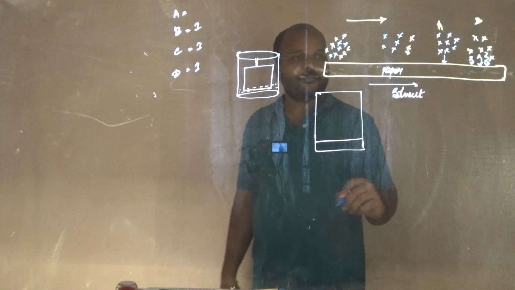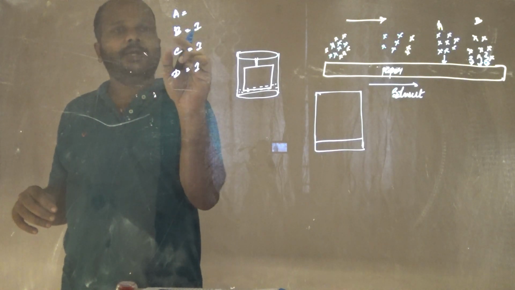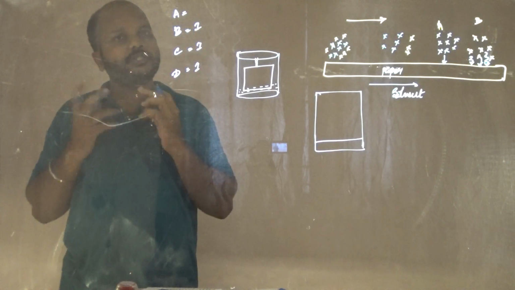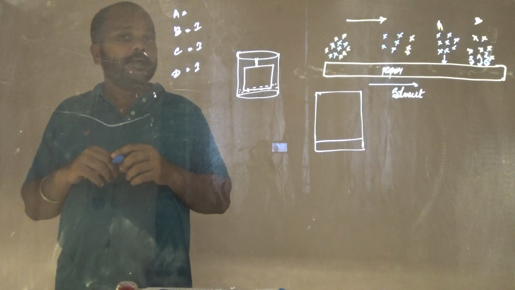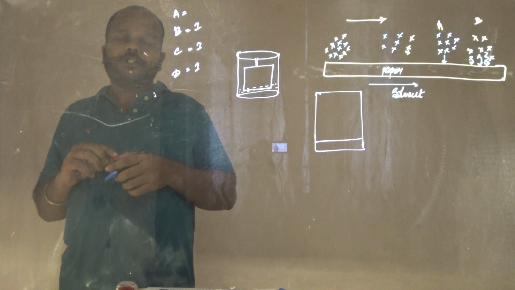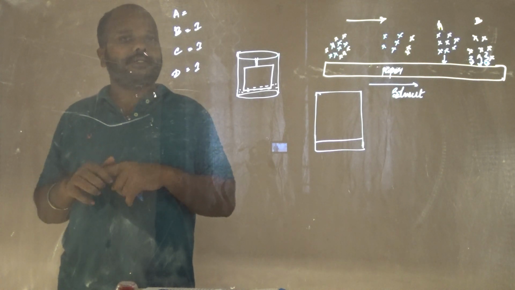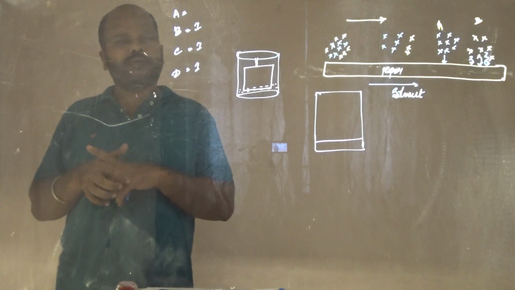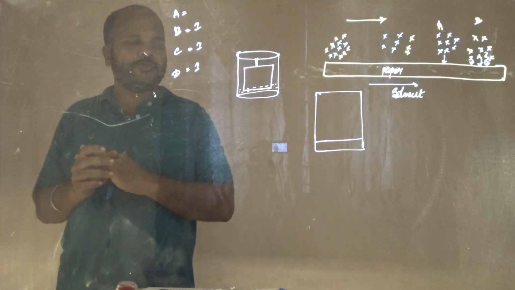Through this line, you take A, B, C or D and mix it with a proper solvent. As I told you, the solvent we use depends on the compounds we are trying to separate. For amino acids, you can use acetone and water, or a mixture of acetone and ethanol.